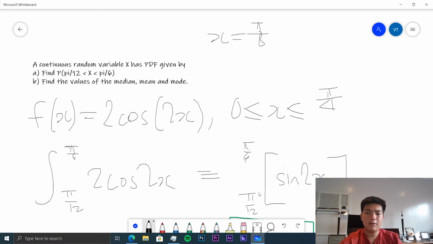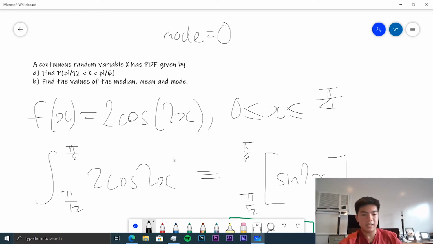Yeah, so pi over 4 will be the mode, since it's just the largest value. Oh wait, no, cosine, what am I doing? The mode will be at 0, since this is a cosine function.